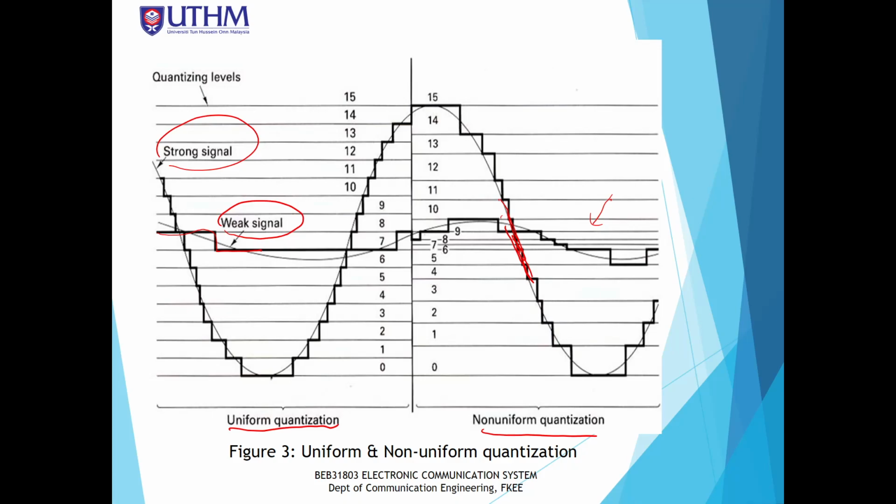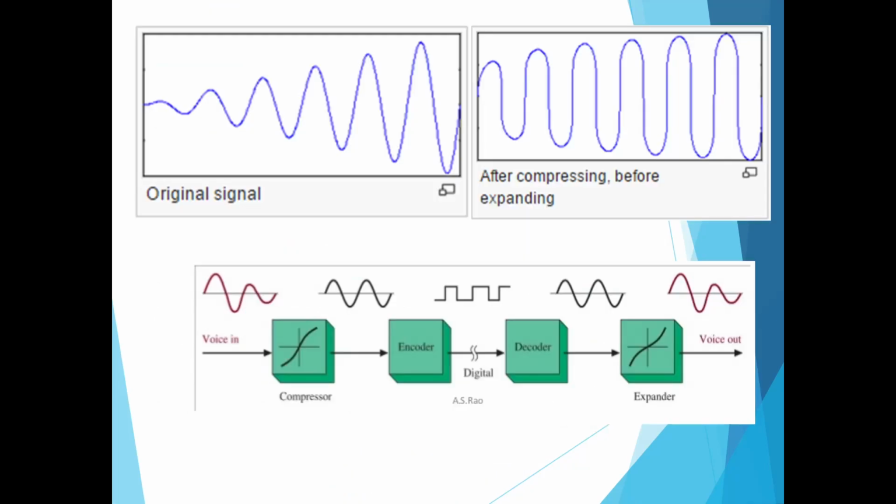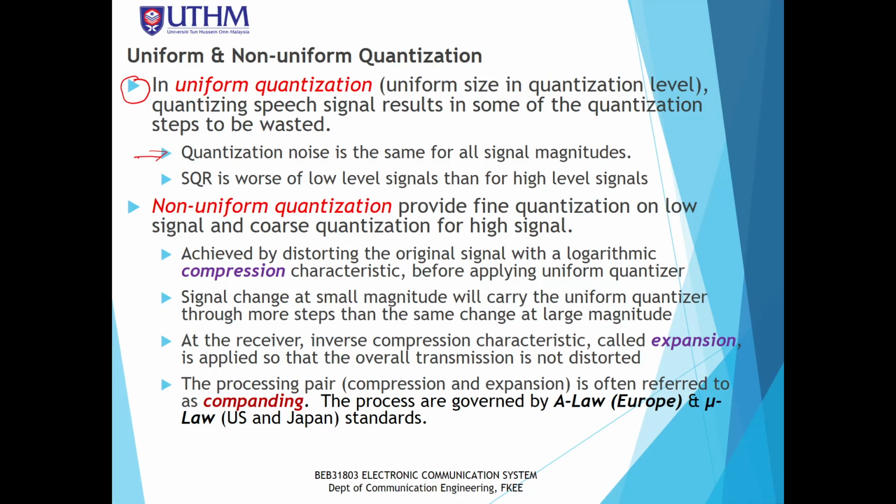We can reduce the quantization noise. Non-uniform quantization provides fine quantization, meaning a small step size for low amplitude input signals, and coarse quantization, a bigger step size, for high amplitude input signals.